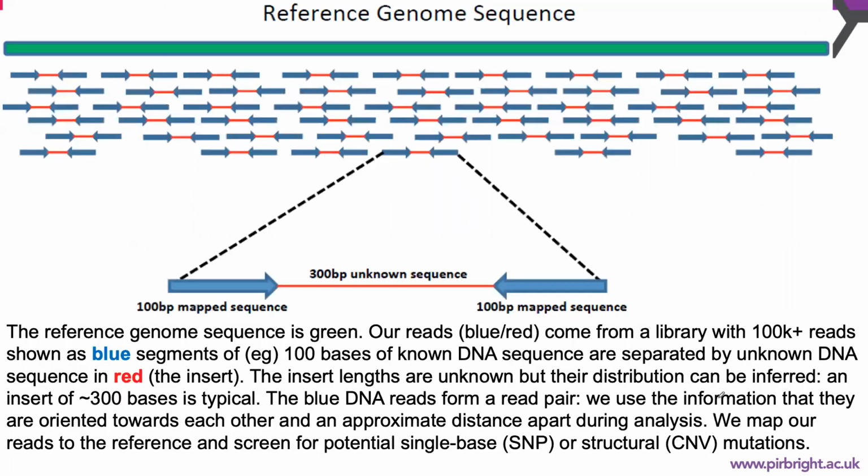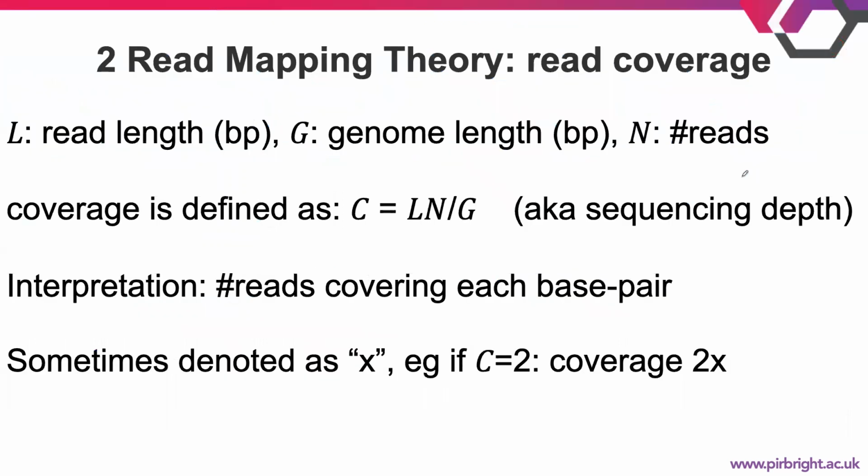So you can think of this process as having this big green reference genome sequence, and we're mapping lots of different reads to that reference and trying to work out instances where maybe you have a base difference across the sites here, or maybe there's some sort of structural change at a certain segment here that will cause reads to pile up at either end, but to have no reads inside that. We can quantify this coverage as the number of bases aligned to each individual base.